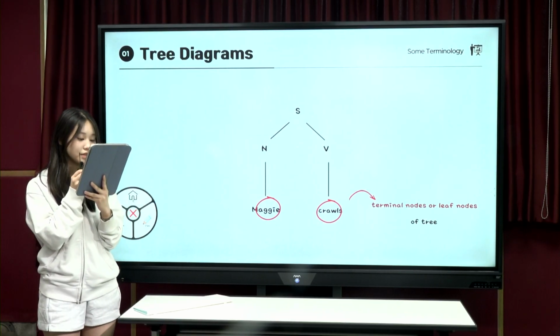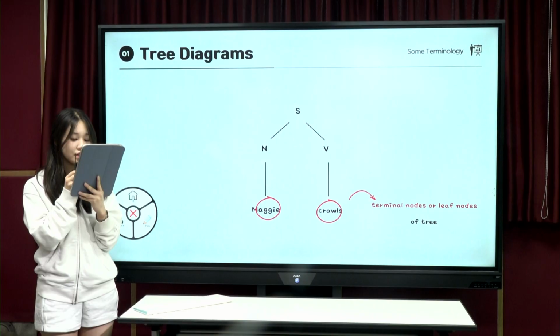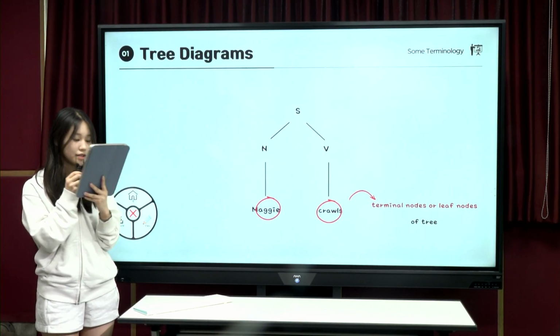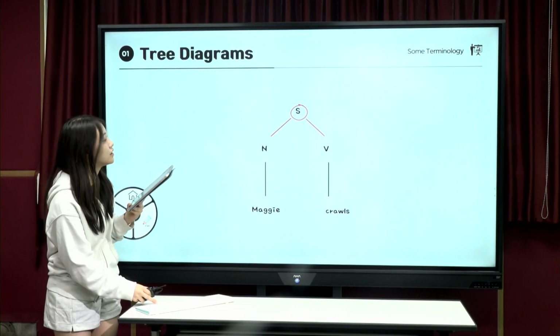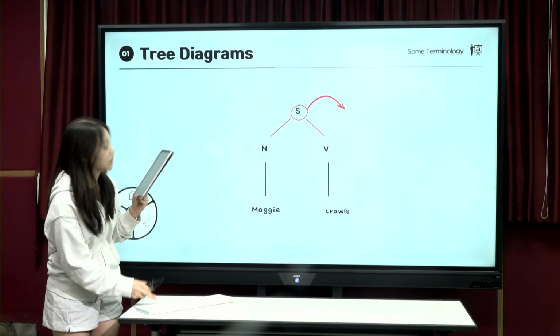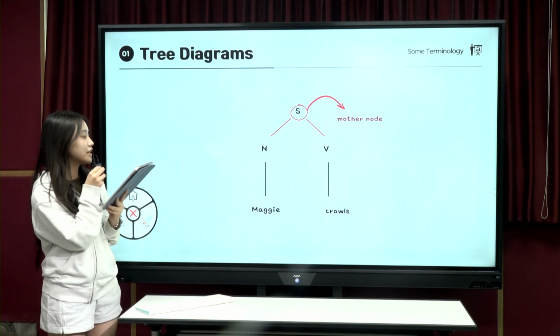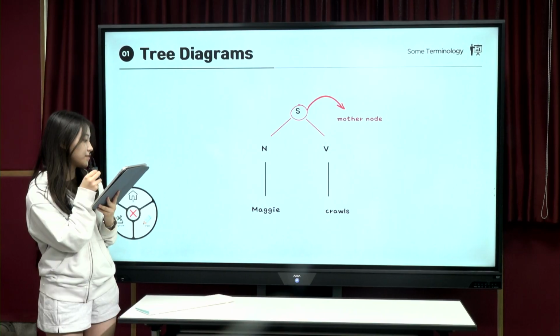We also need terms for talking about a given node in relation to other nodes in a tree. The node that appears immediately above a given node is its mother node. Here, S is mother of NP and VP, and N is mother of Maggie.